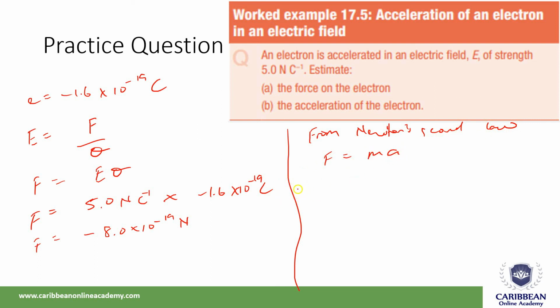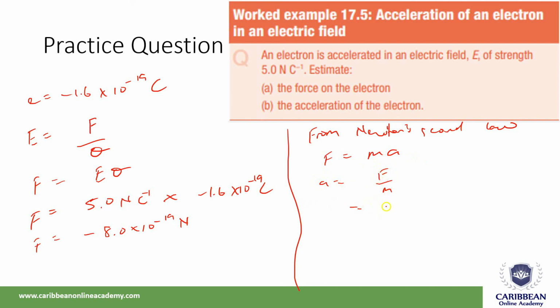I should have the mass of an electron somewhere here. Yeah, I'll tell you the mass. By manipulating this again, acceleration would be equal to force divided by the mass.